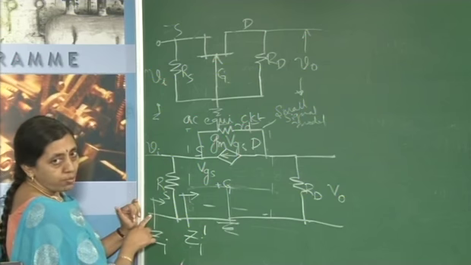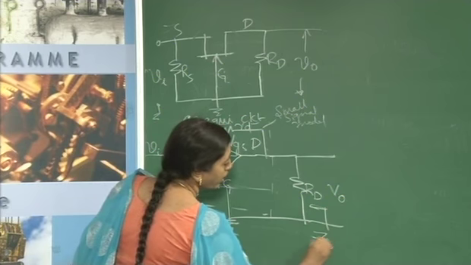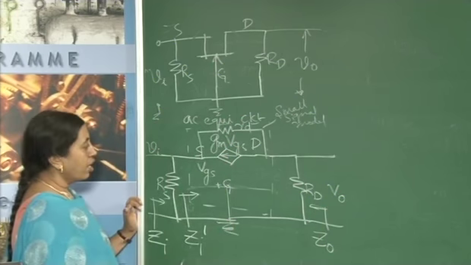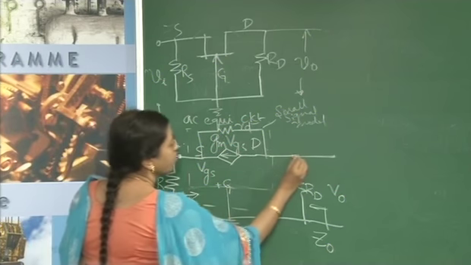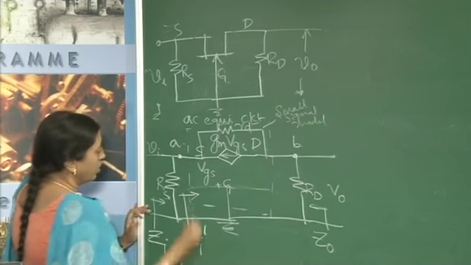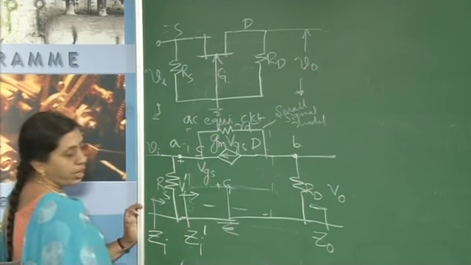Only then we should be in a position to find out Zi. Output impedance by looking at the output node. Now, let me call this node as A and this node as B. Let this voltage drop be Vi prime.